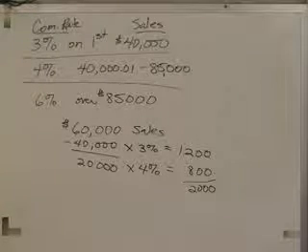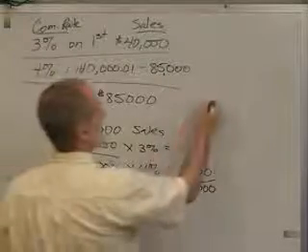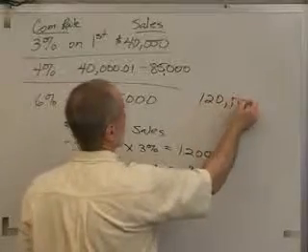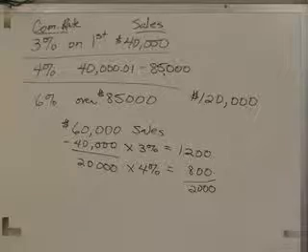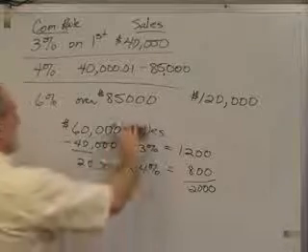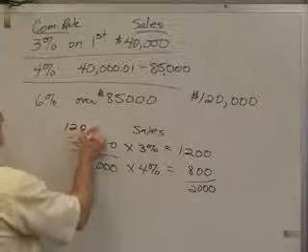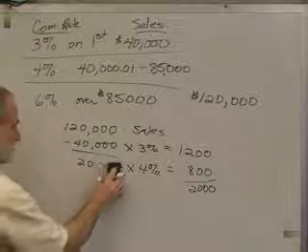So let's look at something where they sell over the maximum. What if somebody sells $120,000 worth of stuff? Well, we have to go through these same segments. If someone has $120,000 worth of sales, they are still only going to get paid 3% on the first 40,000.